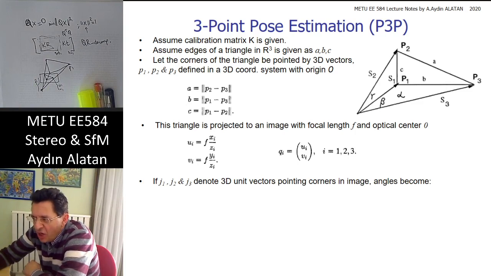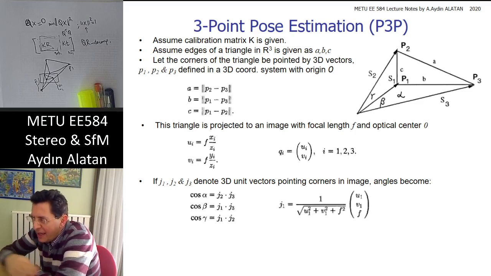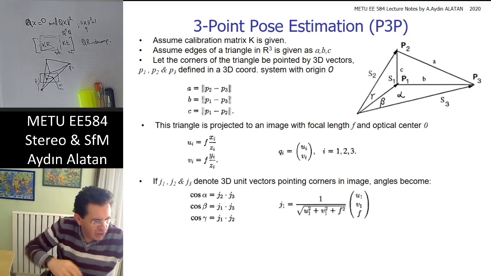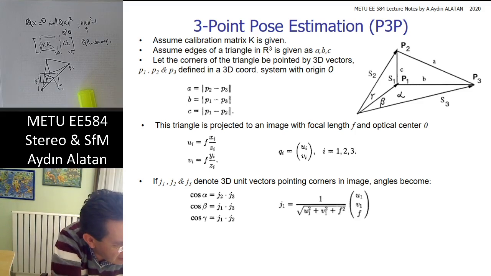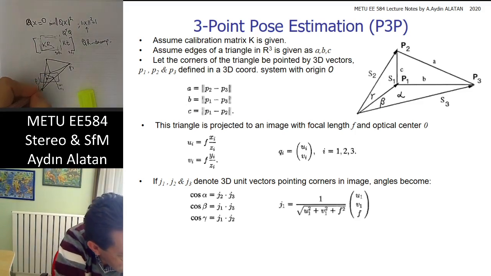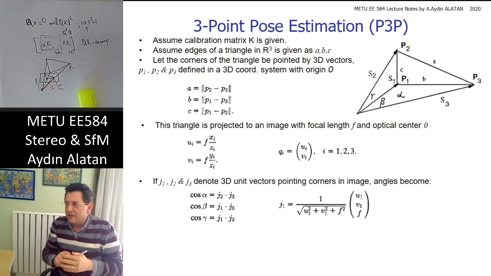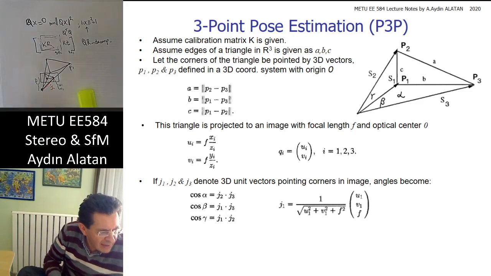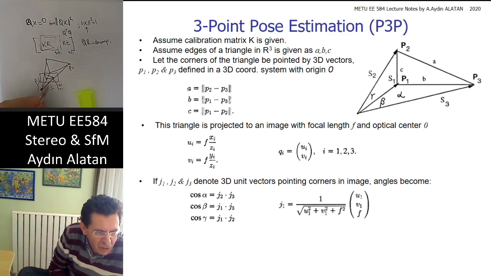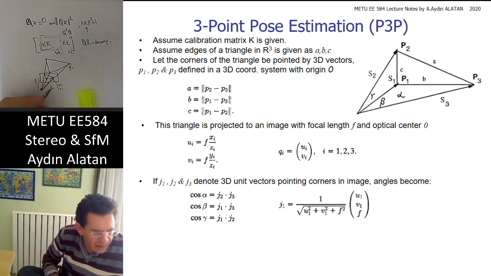Now, J1, J2, J3 are the 3D unit vectors, pointing from the image. Therefore, I'm talking about this. This red one is your J1. Maybe it is not unit, but I just divided here to make it a unit vector.